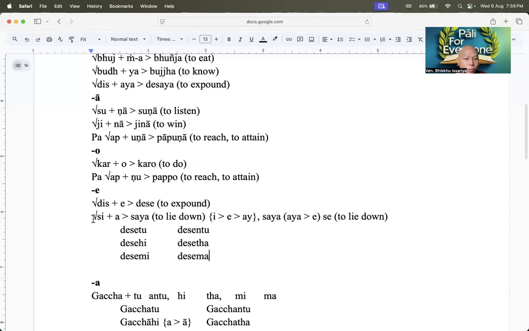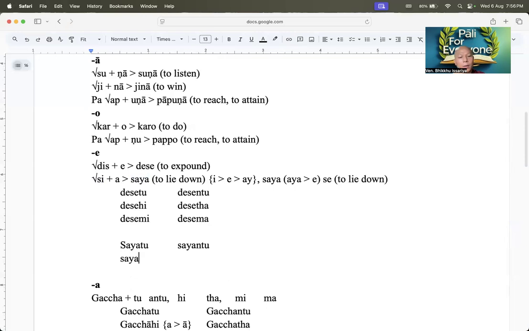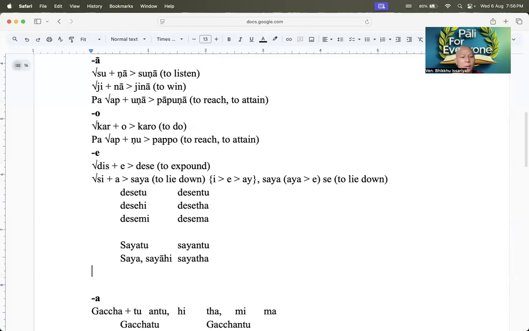So, and then now root C. So root C is we have the saya base. That is with the saya also we have saya do, sayan do, and then saya he, and then sayata, and then sayami, and then sayama.